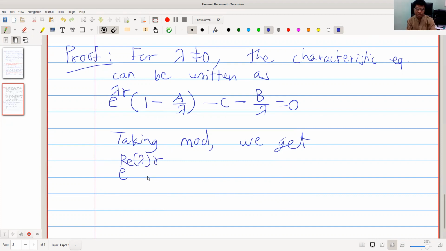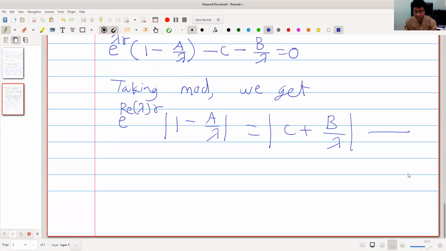Here r is a positive real number, while lambda may be a complex number. So the absolute value of e raised to lambda r is e raised to real part of lambda into r, into the absolute value of 1 minus a by lambda, equal to the absolute value of c plus b by lambda. We call this 9.